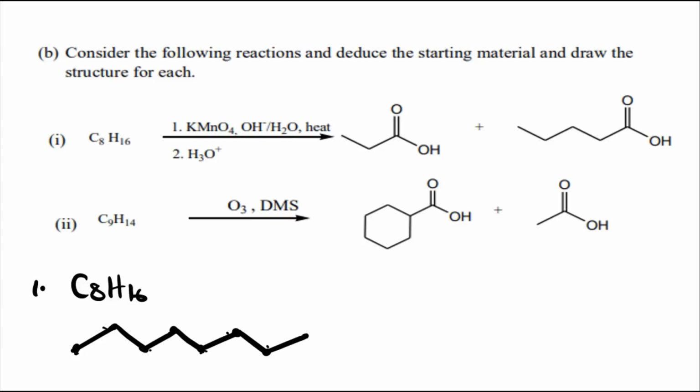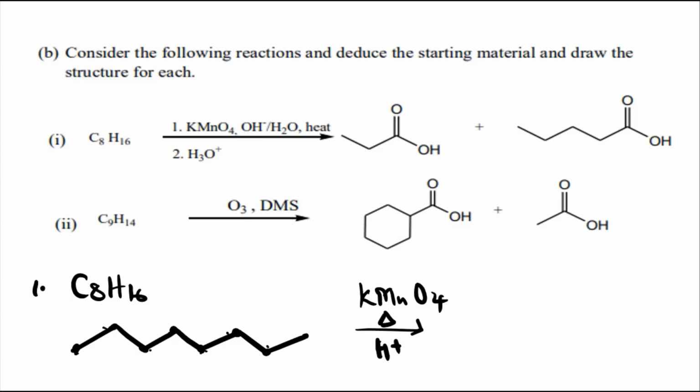So when you react this in potassium permanganate under high temperature and you put an acid there, you cleave the double bond into carboxylic acids.